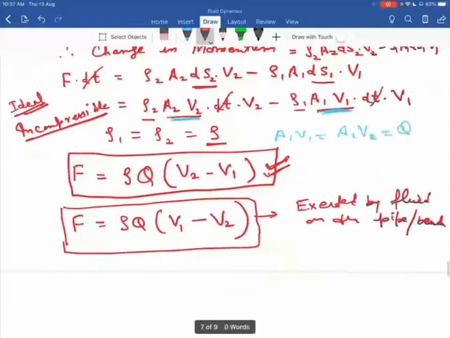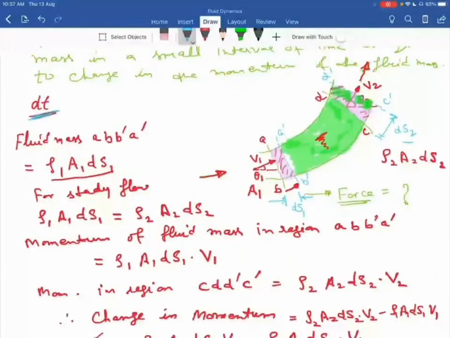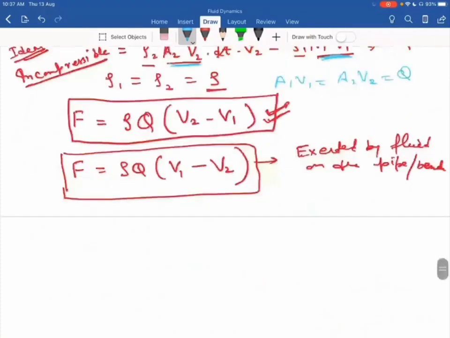ठीक now further you can see here now for V1 velocity is a vector quantity. Okay we can resolve it along x direction and y direction. X direction component is V1 cos theta 1, y direction component is V1 sin theta 1. Similarly for V2 cos theta 2 and vertical component is V2 sin theta 2. ठीक है so that means the force from this equation gives us the resultant force.